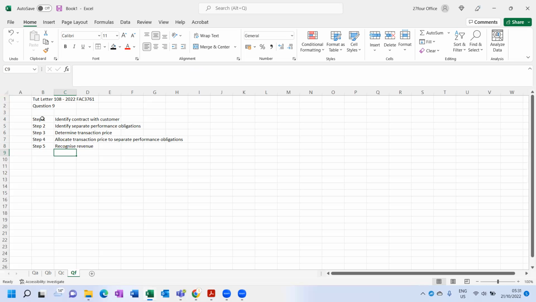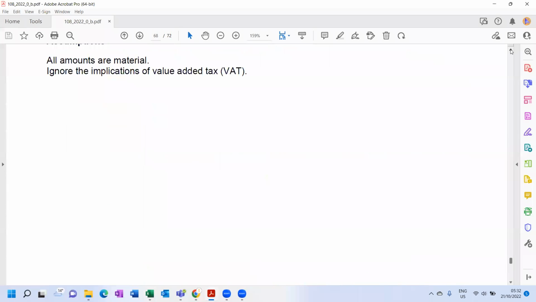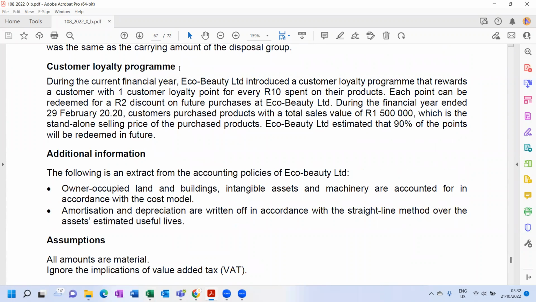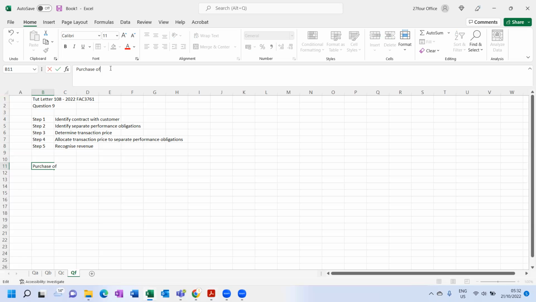Number 1, identify contract with the customer. I'm not going to worry about that. Number 2, identify the separate performance obligations. There are 2 separate performance obligations. The one is the purchase of products, because customers purchased products.